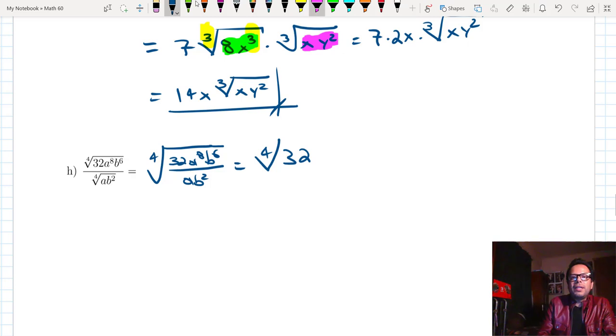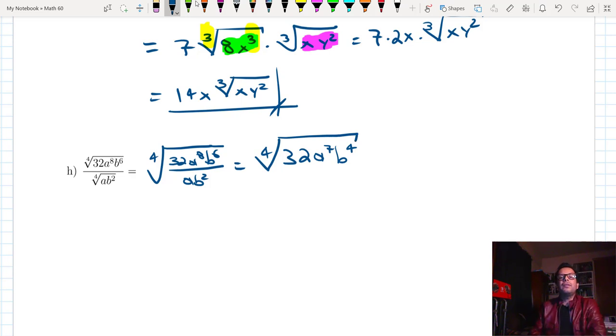And when we divide a to the 8th power by a, we are going to get a to the 7th power. And finally, when we divide b to the 6th by b squared, we are going to get b to the 4th power. Okay, now let's close this radical.